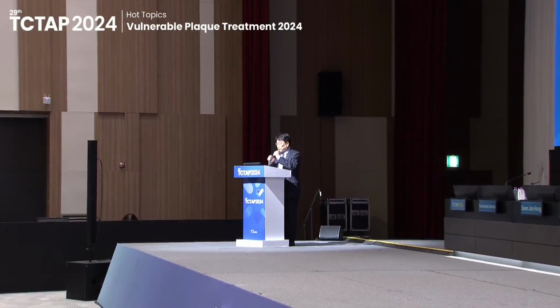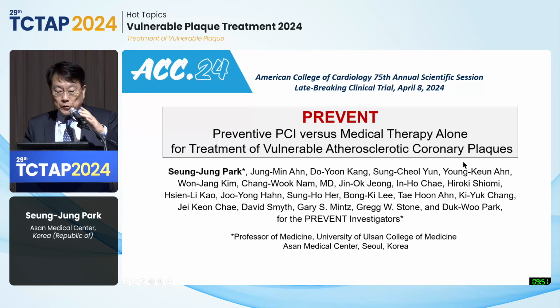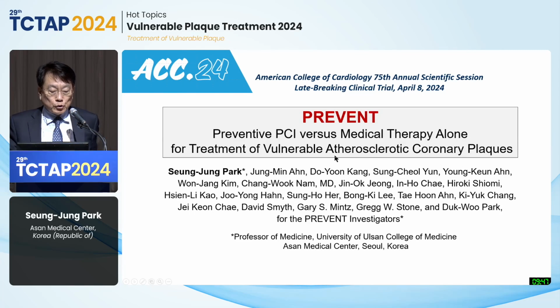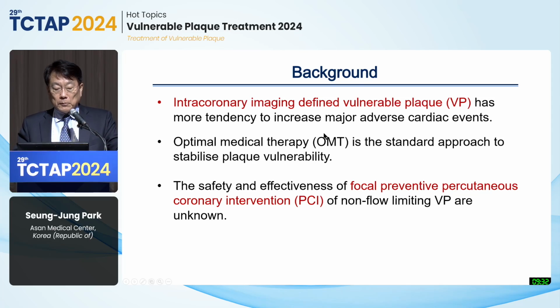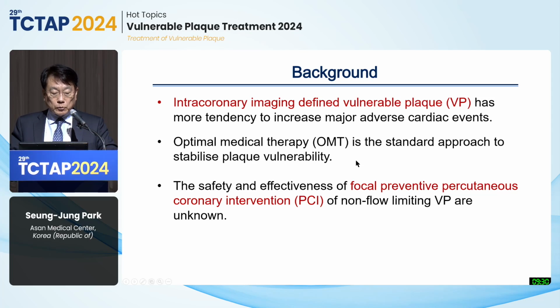As we presented our data at the last ACC meeting, preventive PCI versus medical therapy alone for treatment of a vulnerable atherosclerotic coronary plaque. Looking at the background, intracoronary imaging-defined vulnerable plaque has a greater tendency toward major adverse cardiac events. Optimal medical therapy is the standard approach to stabilize plaque vulnerability.